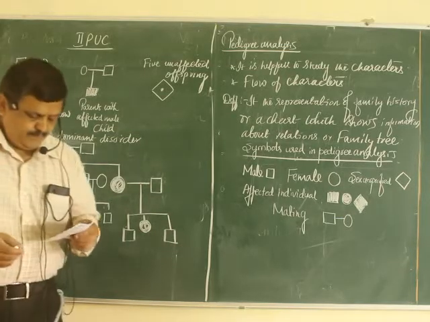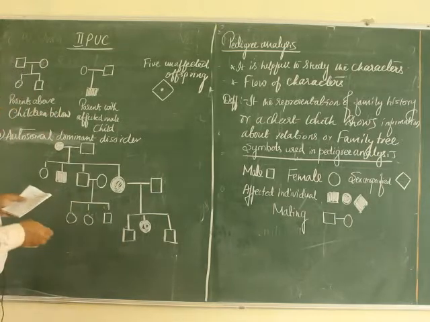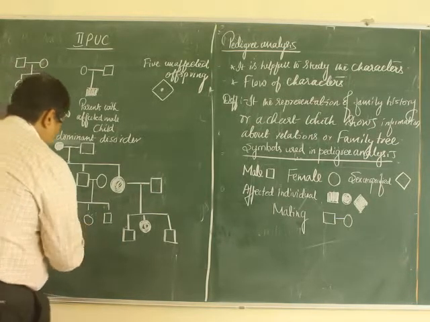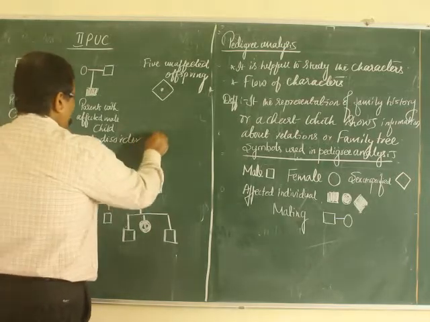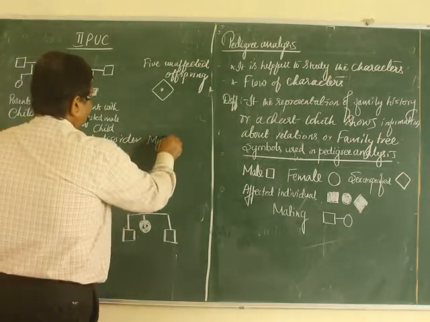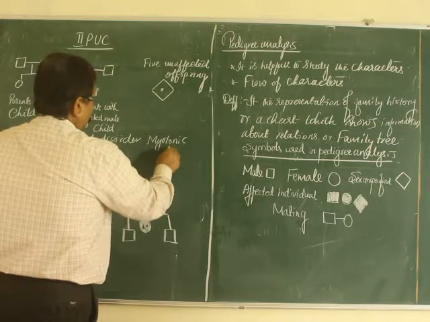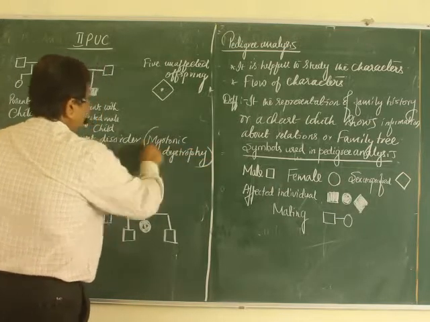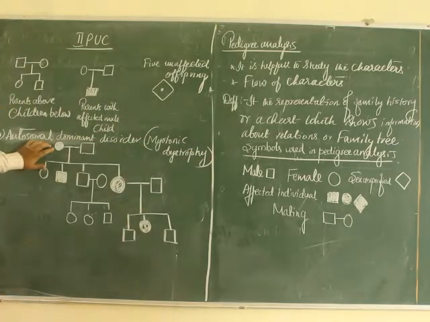Second one, an example for this is myotonic dystrophy. You write this one, and I will explain this once again. See, why is it an autosomal dominant disorder?